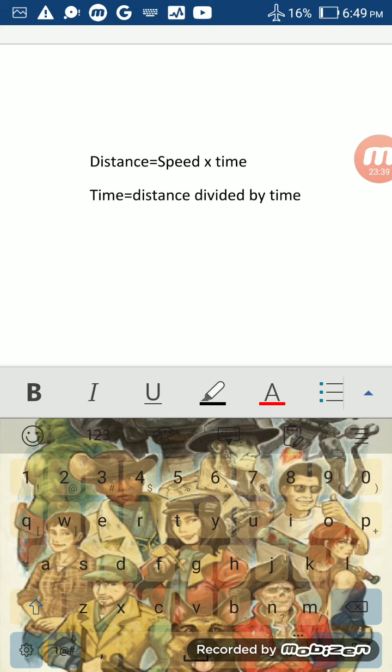If you're going to compute time, you have to divide distance and time.